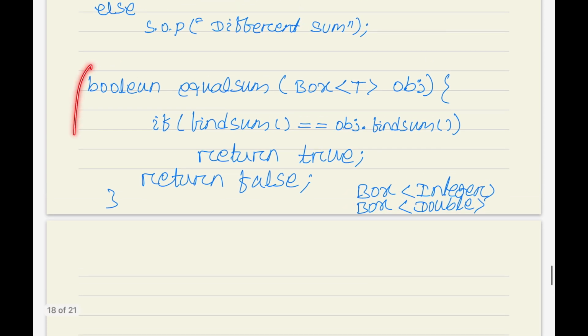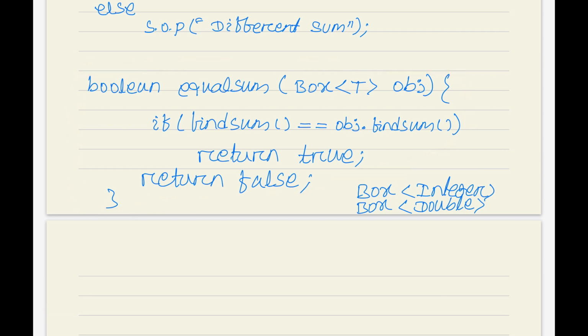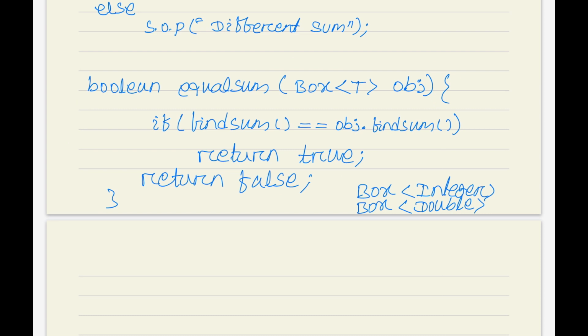So that's why this equal sum method is going to throw a compilation error, when both this object obj and the calling object have different types. Now, what is the solution? This method is not a generalized one, or not a generic solution. Then what is the solution?